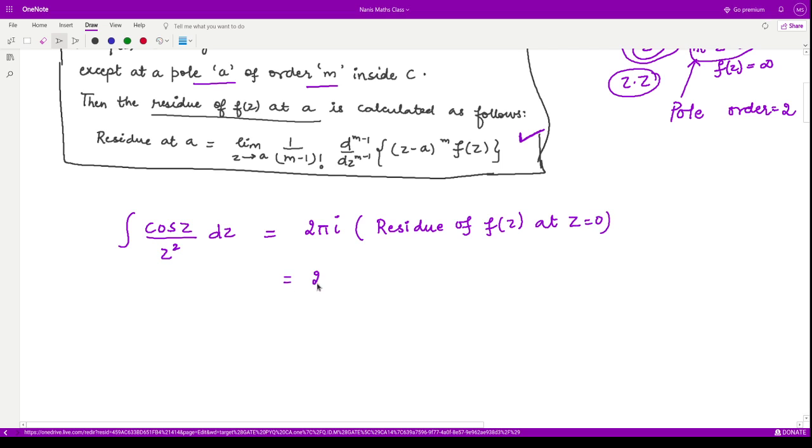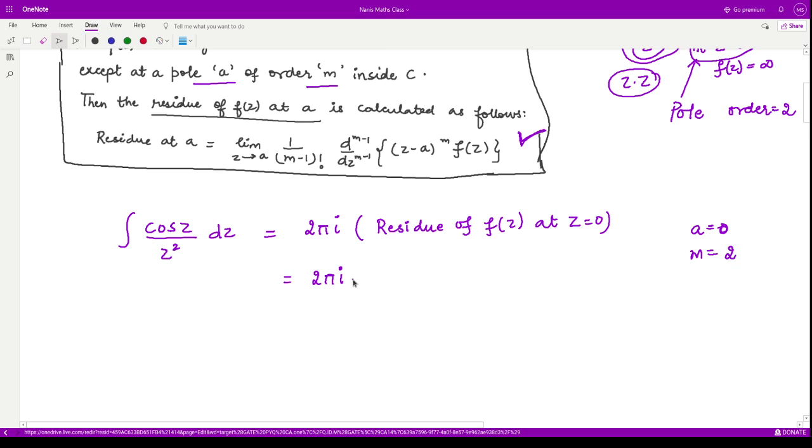So what would that be? That is calculated using this formula. Our a in this case is 0 and m is 2 because we have a pole at z equal to 0 of order 2.